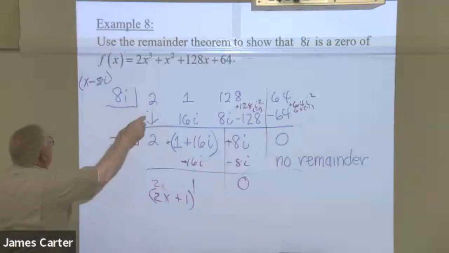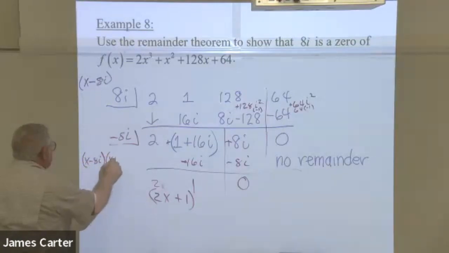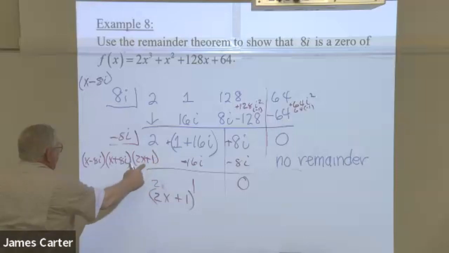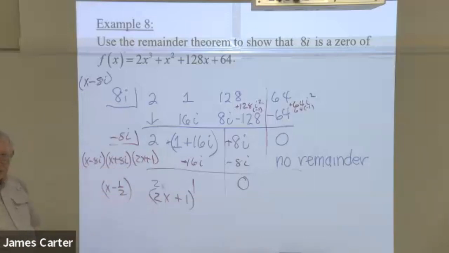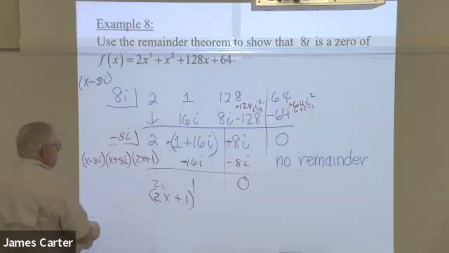So if that whole equation were totally factored, then you would have x minus 8i times x plus 8i times 2x plus 1. And actually that could be rewritten as x minus, x minus 1/2. This and that mean the same thing. Okay. So anyway, there's your full factorization on this one.